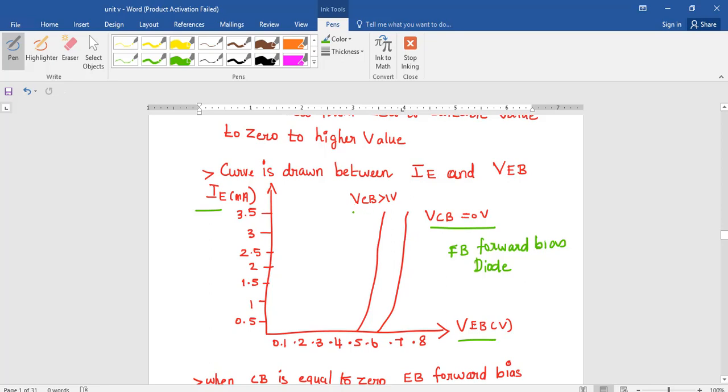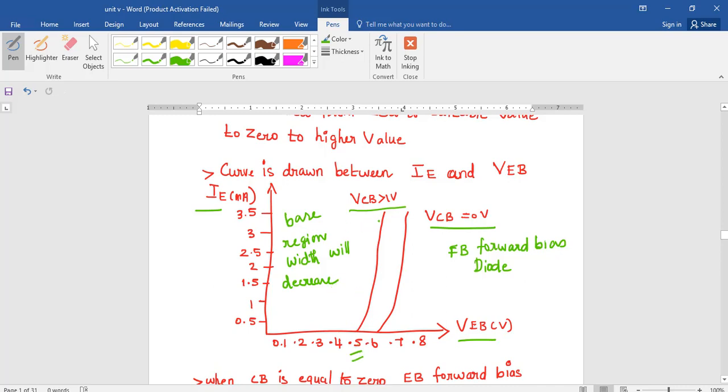But when we increase VCB greater than 1, what will happen is the base region width will decrease, and hence you need lesser voltage to turn on the device.